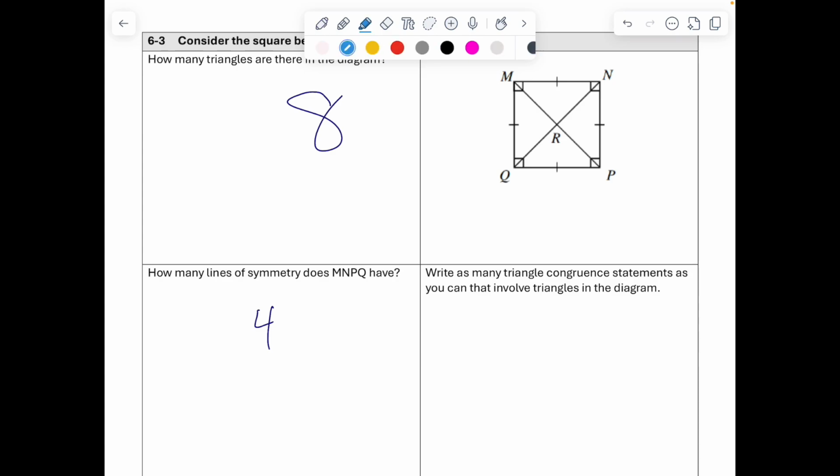Well, I could first look at these 2 triangles, right? Those are the same. But because of all these sides being the same and all these angles being the same, that would also mean that along with those 2, these 2 are congruent. So those are 4 triangles that are all congruent to each other.